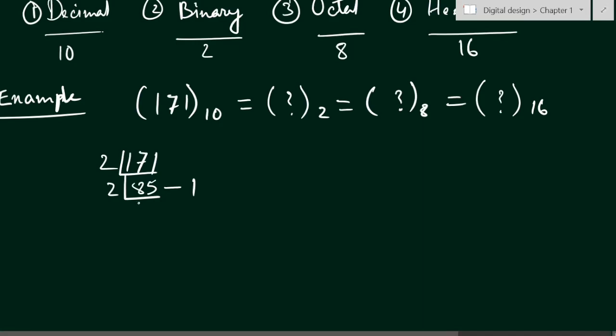So 2 into 4, 2 into 2 is 4. The remainder is 1. Again we divide by 2 and we get 21, and the remainder is 0. Again divide this by 2. Here we'll have 10, and the remainder is 1.